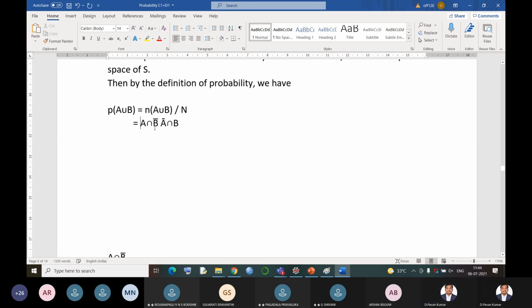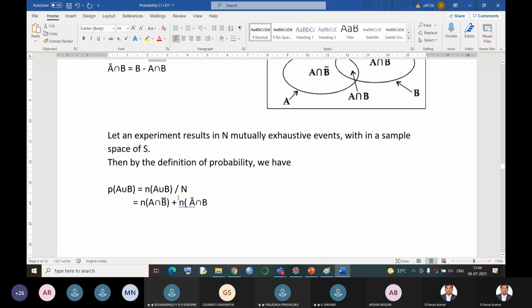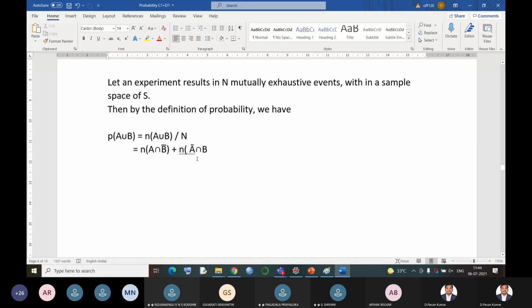Now, first one is N of A intersection B bar plus N of A intersection B plus N of A bar intersection B, whole divided by capital N. Let me keep this in brackets.